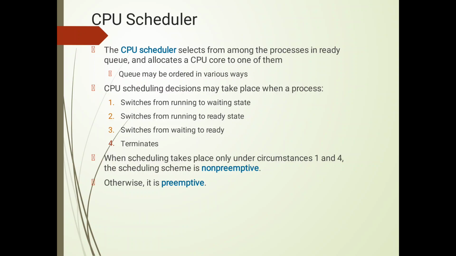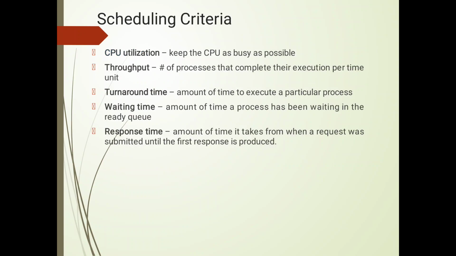CPU scheduling decisions may take place when a process switches from running to waiting state, switches from running to ready state, switches from waiting to ready state, and terminates. When scheduling takes place only under circumstances 1 and 4, the scheduling scheme is non-preemptive; otherwise it is preemptive.